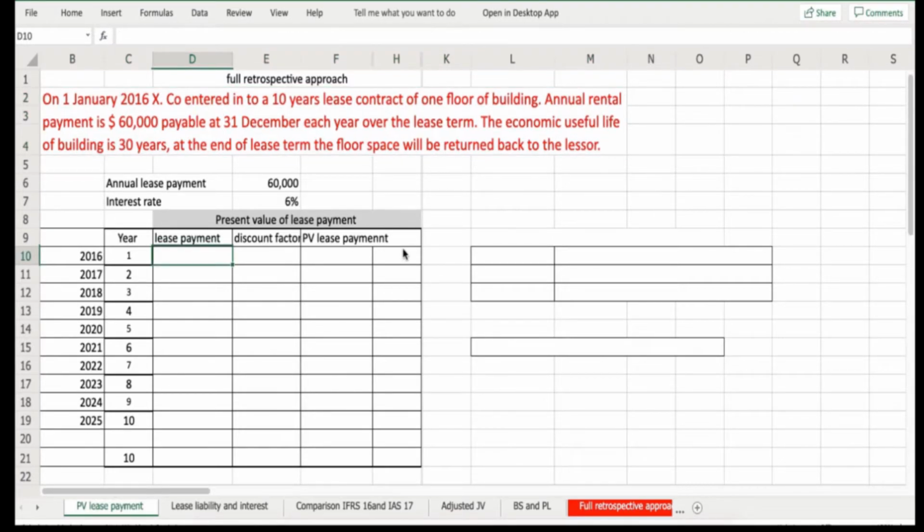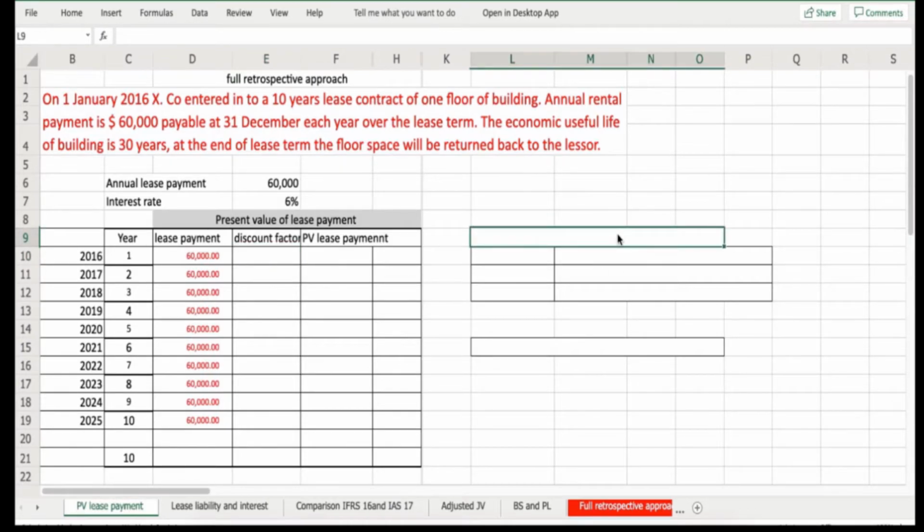It means in the first year we pay 60,000, and the second year as well, and up to the last year we pay 60,000. So the discount factor, I will show you how to calculate it.